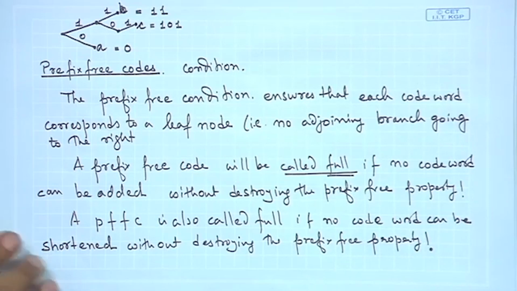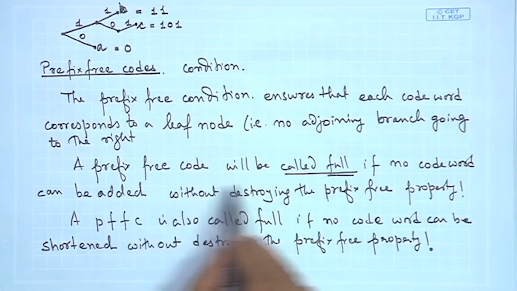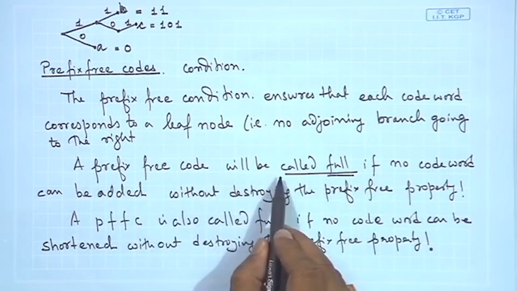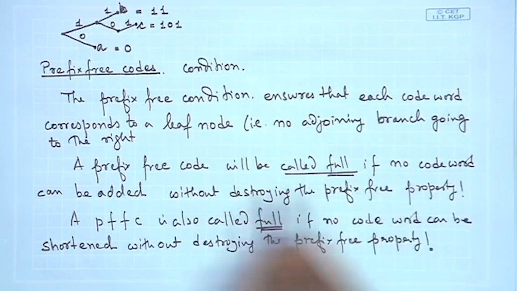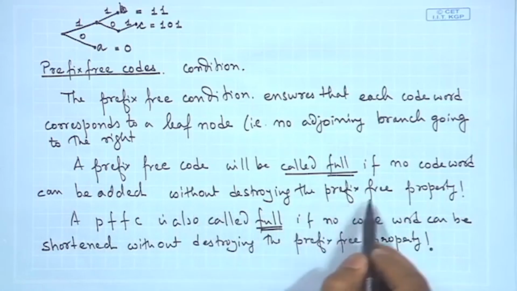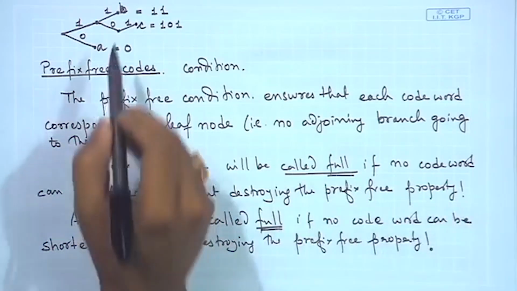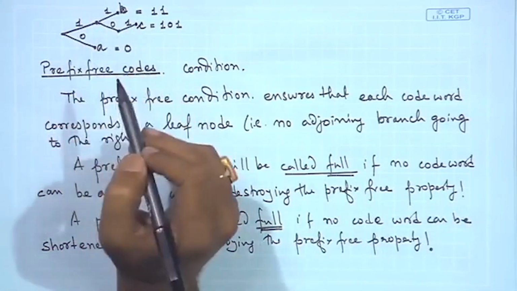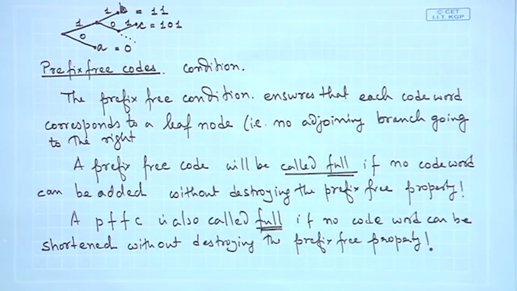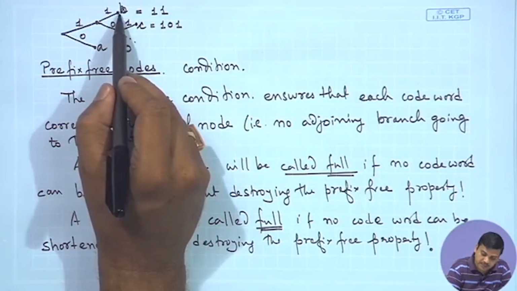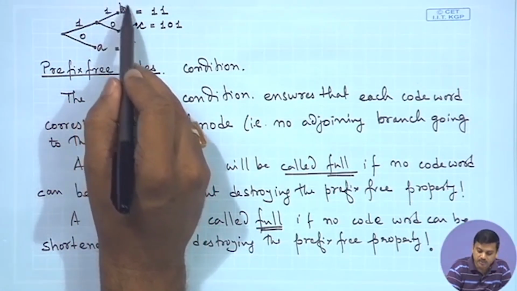So, if we look at these two, the first is that a prefix free code will be called full if no code word can be added without destroying the prefix free property. Now, if we look at this tree, we can easily add one more branch over here without destroying the property, but we cannot add anything here because then B will become a prefix.